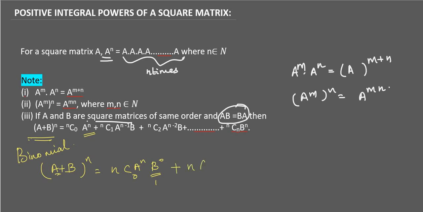Next element nC1 A power n minus 1 B power 1, plus and so on up to the last term nCn A power 0 B power n, where A power 0 is 1. So when the two matrices are square matrices and AB is equal to BA, we can use the binomial expansion for A plus B whole power n.